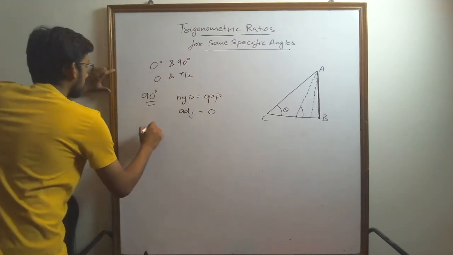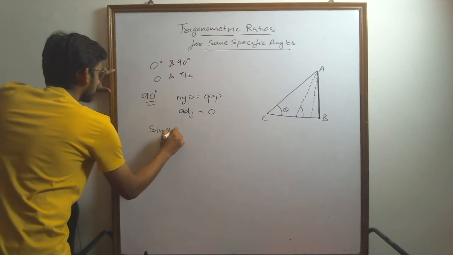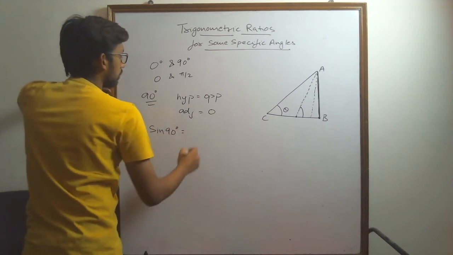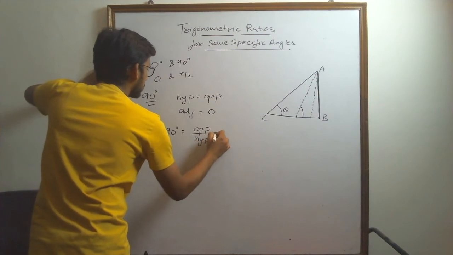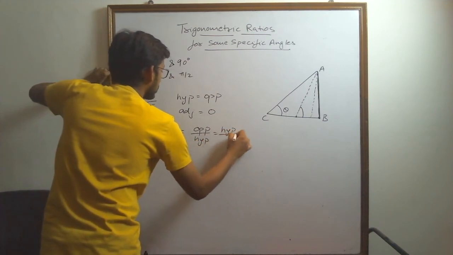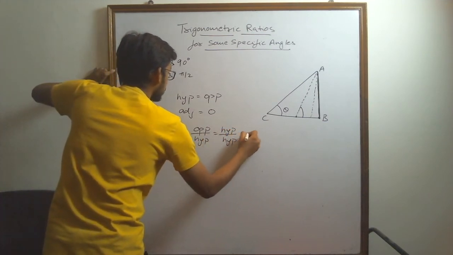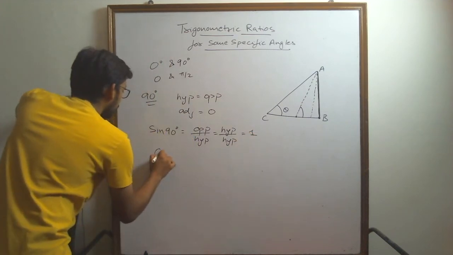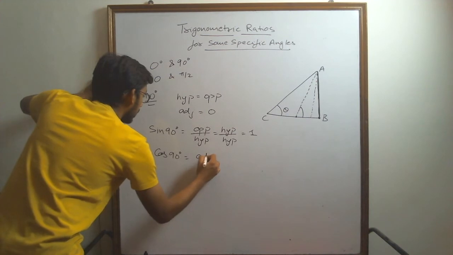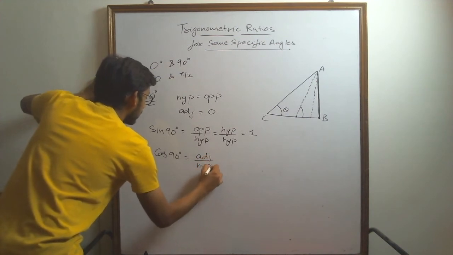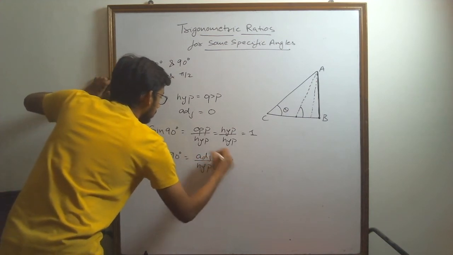Because of this, sine 90 degrees will be equal to opposite upon hypotenuse, which is equal to hypotenuse upon hypotenuse. So this is 1. Cos 90 degrees is equal to adjacent upon hypotenuse. Since adjacent is 0, this is 0.